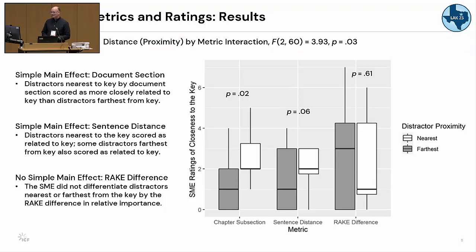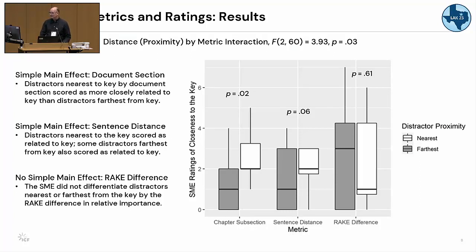There was a simple main effect for sentence distance, which showed a similar effect. However, some distractors which were farthest from the key were also scored as closely related to the key. And for the RAKE difference scores, there really was no significant effect; the SME did not differentiate the distractors nearest or farthest based upon the RAKE difference or relative importance.